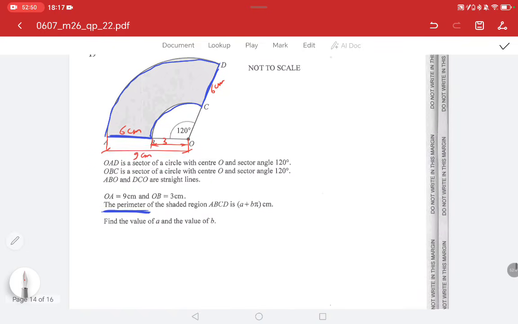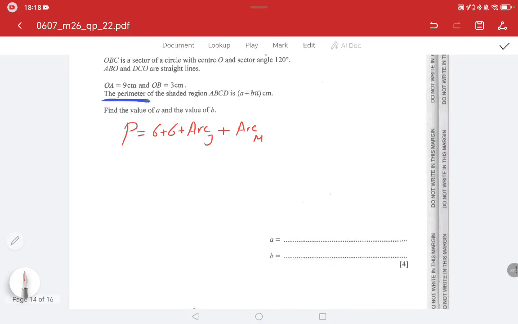So if you want to find the perimeter, it should be this 6 plus 6 plus the arc length of the major arc and the minor arc. So let's say the major arc length plus the minor arc. Let's find the major arc.